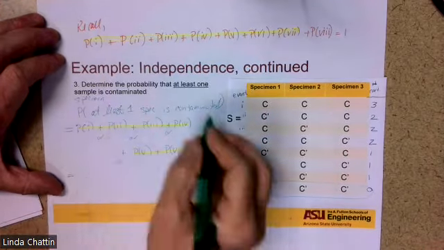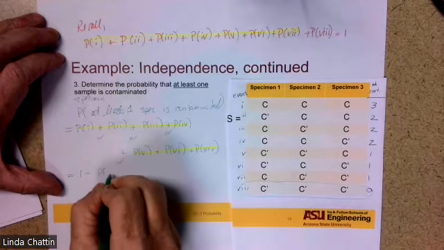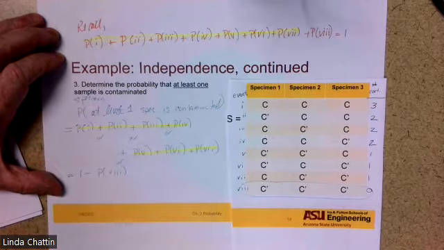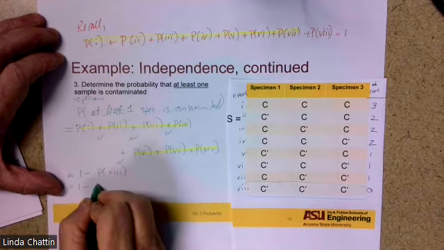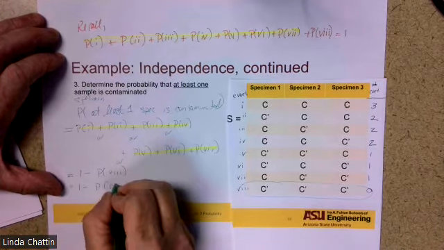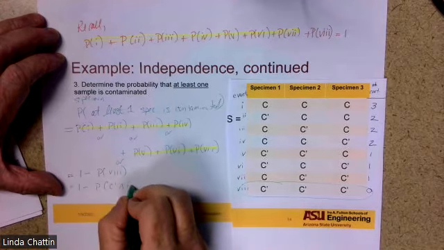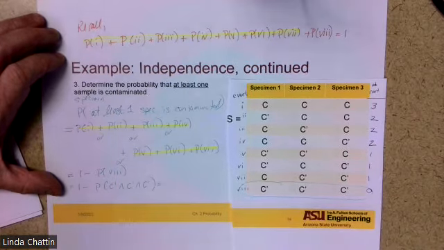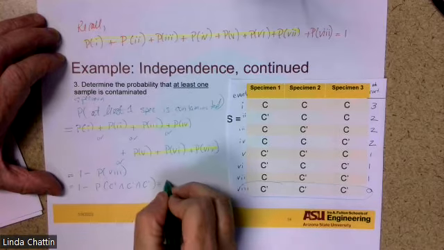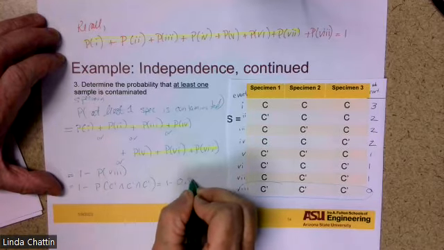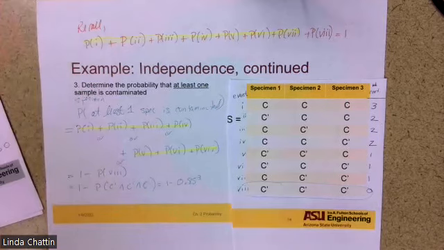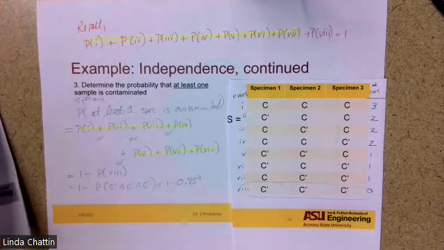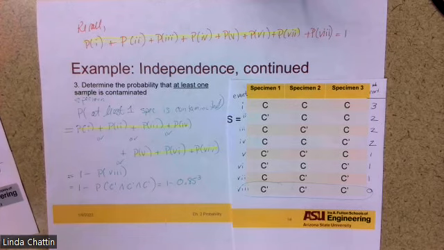So I'm going to write this whole thing as 1 minus the probability of event 8, which we can more easily write as 1 minus the probability of C prime for the first specimen, C prime second specimen, C prime third specimen. Each one of these is 0.85. So this would be 1 minus 0.85 to the third. And so that's a pretty good example with different parts of independence and multiplication. When do you multiply probabilities and when do you add probabilities?